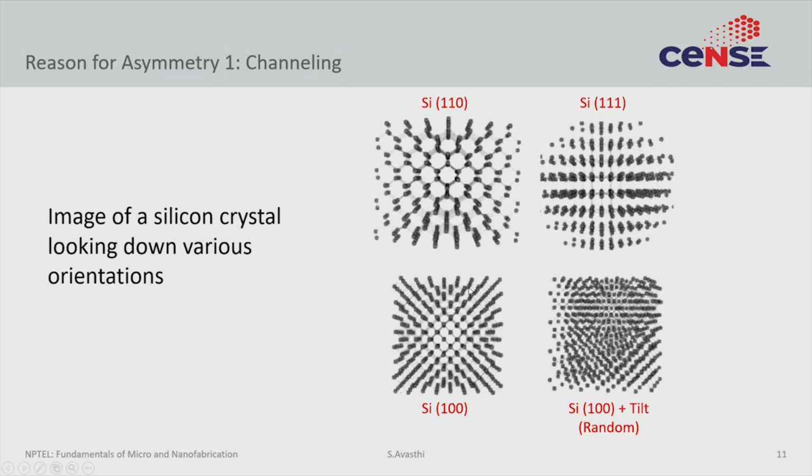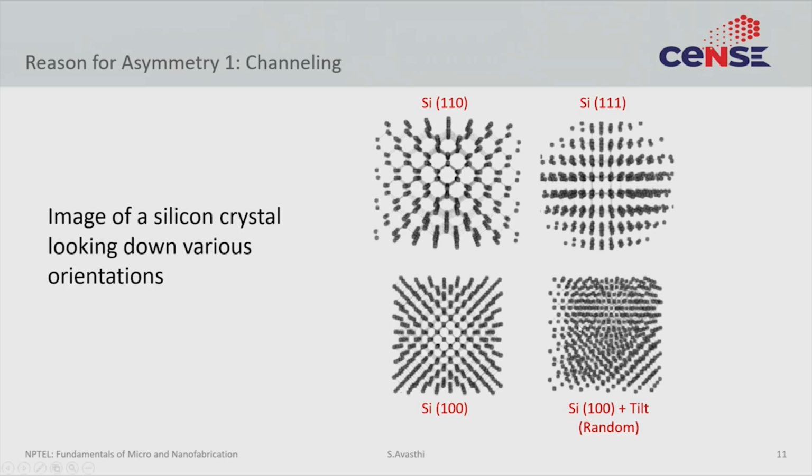The silicon 100 seems to have a slightly different aspect ratio hole than the silicon 110 or the silicon 111. This has an impact on ion implantation, because this is what an implanted ion will actually see on the silicon surface. When the ion comes, the number of atoms that it actually encounters in the silicon lattice will depend upon what orientation of silicon is visible to it.